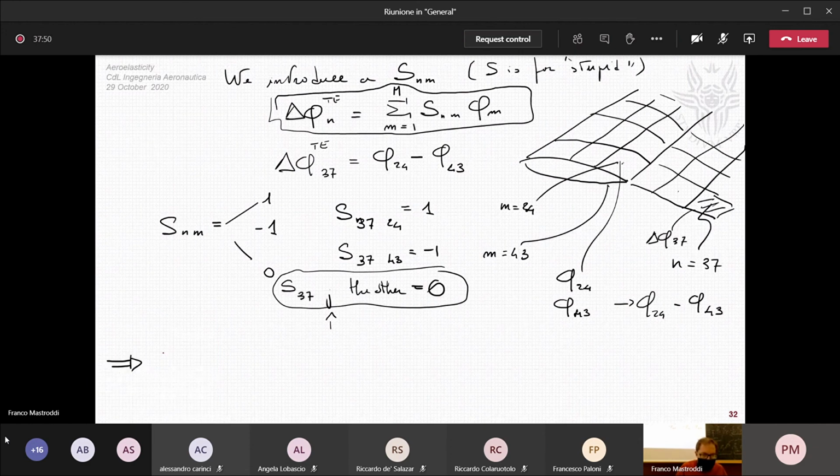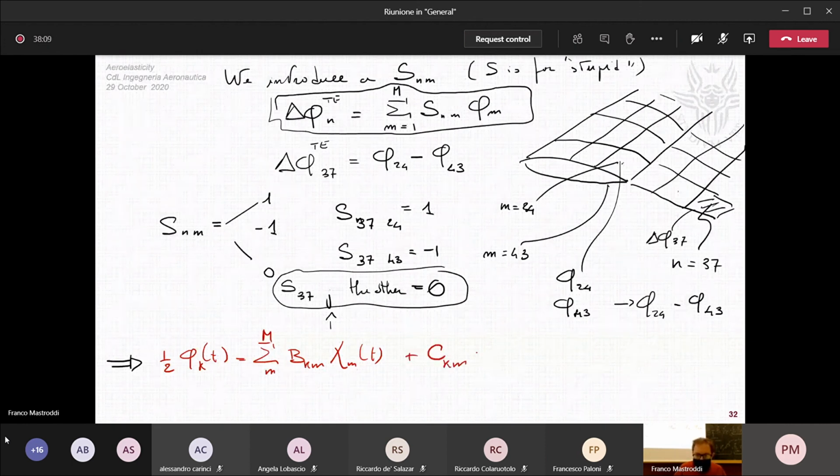You have one half phi k at time t equal to the summation of b km times m, plus c km phi m at time t, and finally we have the summation.